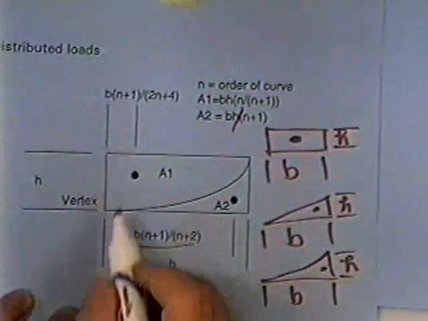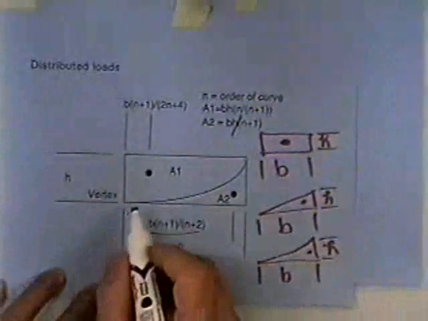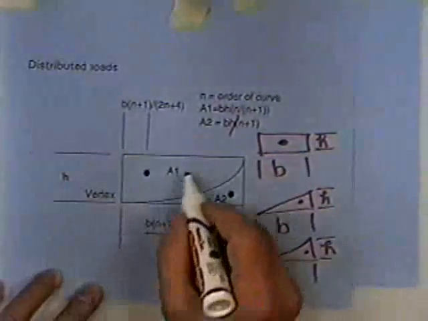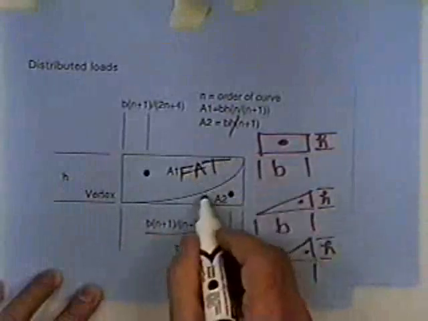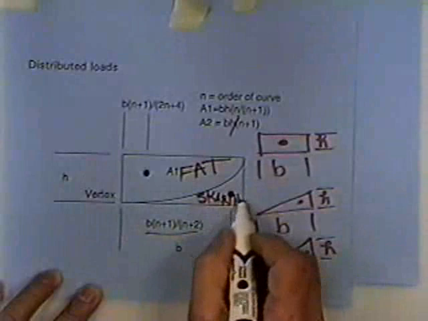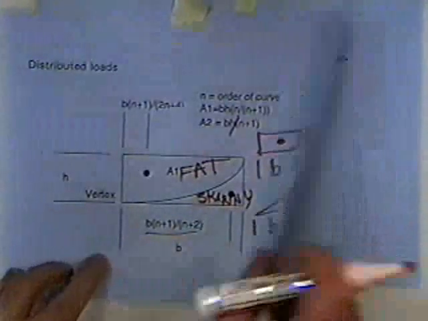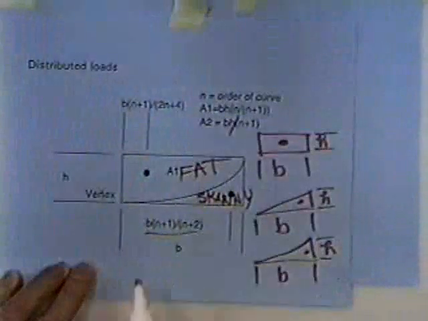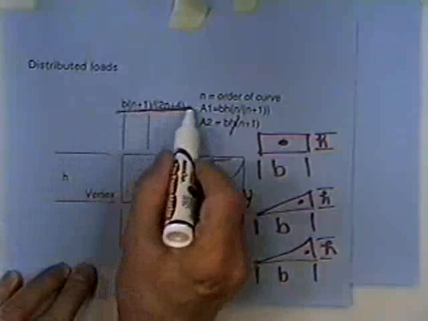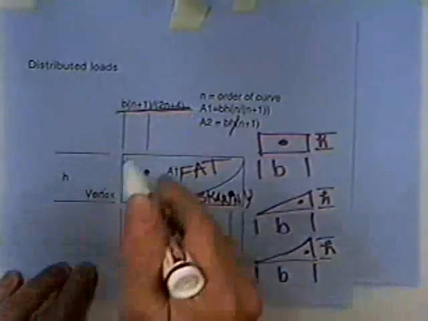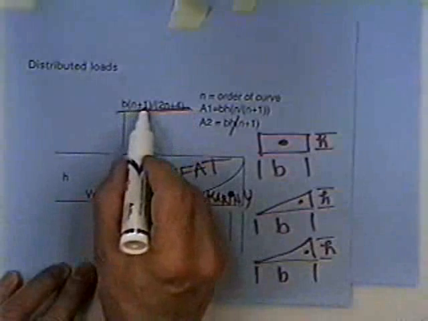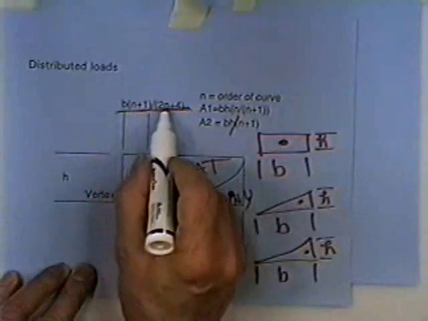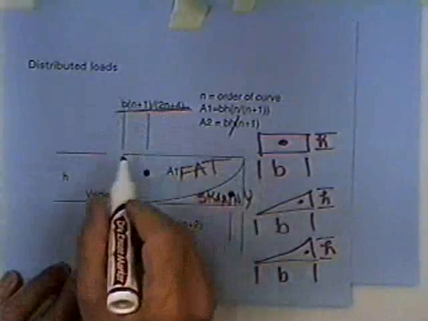Back on sheet 2A, I'm going to cheat here. Here's a parabola. The centroid of the parabola. You got a fat parabola. You got a skinny parabola. We're looking at the fat parabola, and therefore the centroid is going to be base times the power of the curve plus 1 divided by 2 times the power of the curve plus 4.